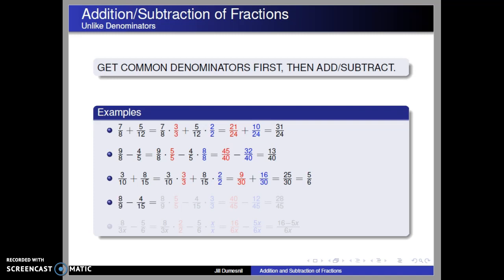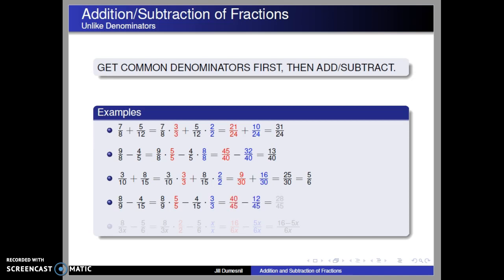Now consider 8 over 9 minus 4 over 15. The least common multiple of 9 and 15 is 45, so that will be our common denominator. We will multiply again by a clever 1, multiplying 8/9 times 5 over 5 and 4/15 by 3 over 3.